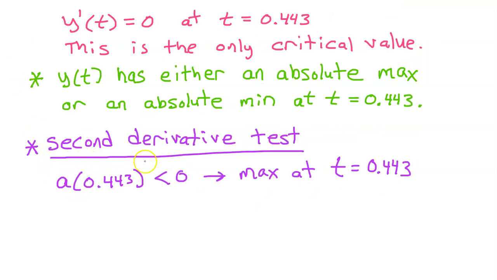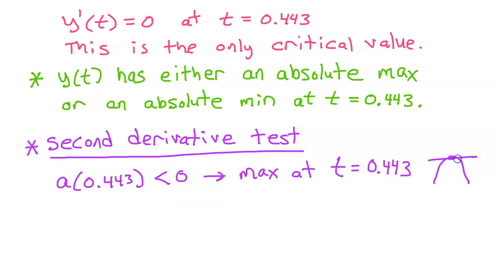We can use the second derivative test to determine whether y at t has an absolute max at t equals 0.443 or an absolute min. If the second derivative, or acceleration, is negative, that implies that there is a max at time t equals 0.443, because a negative second derivative means that the function would be concave down.